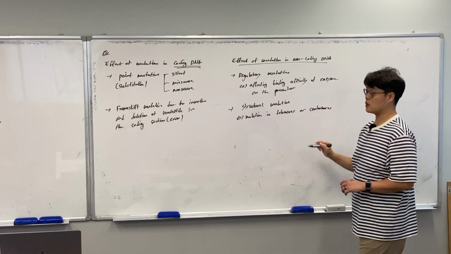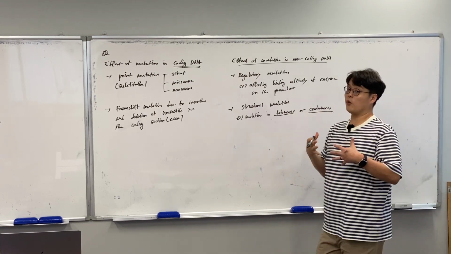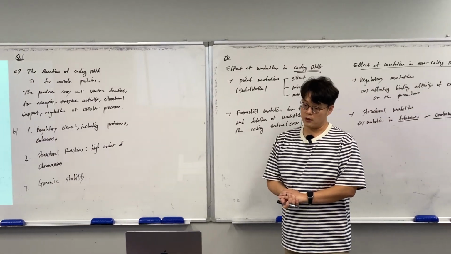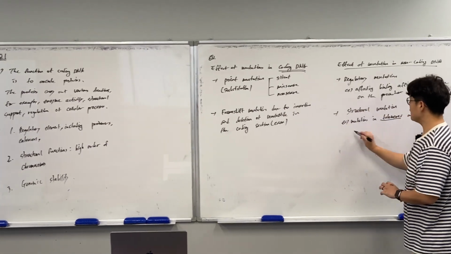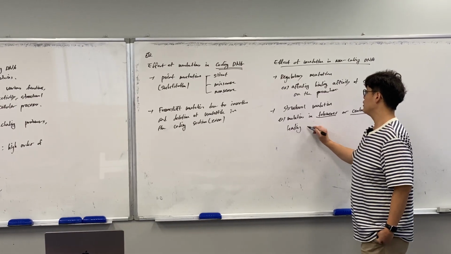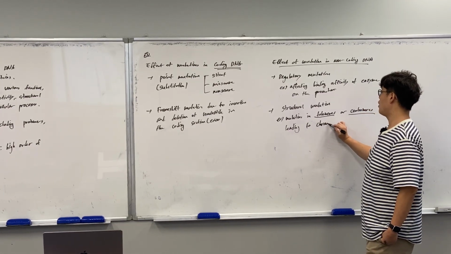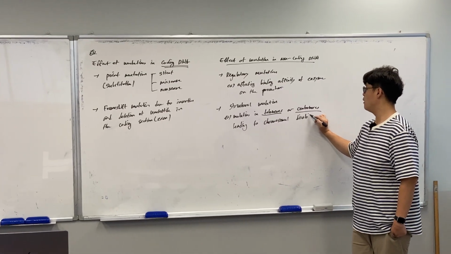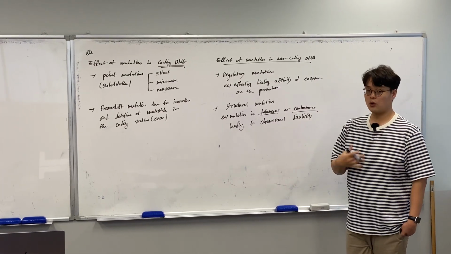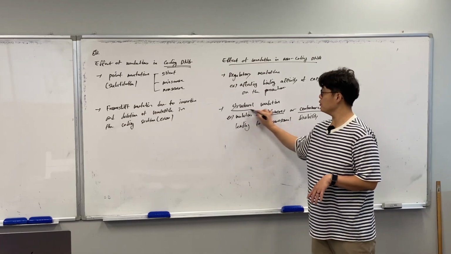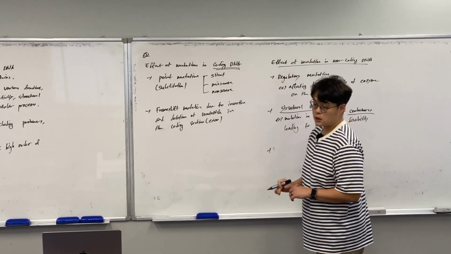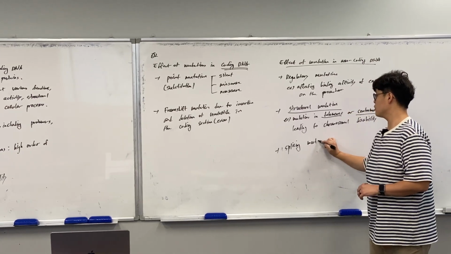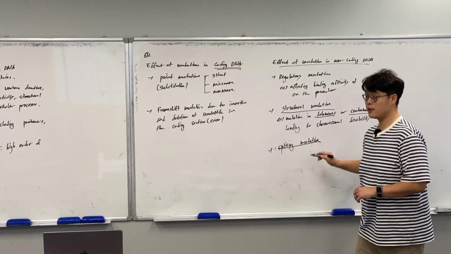If you remember the cell division, the telomeres and centromeres are involved in cell division. So it means that this could lead to chromosomal disability. Lastly is splicing mutation. It could be part of that.